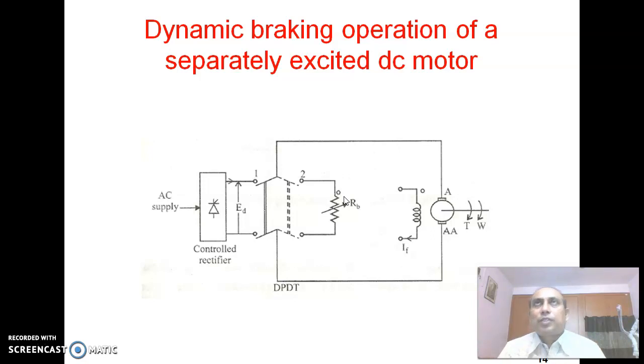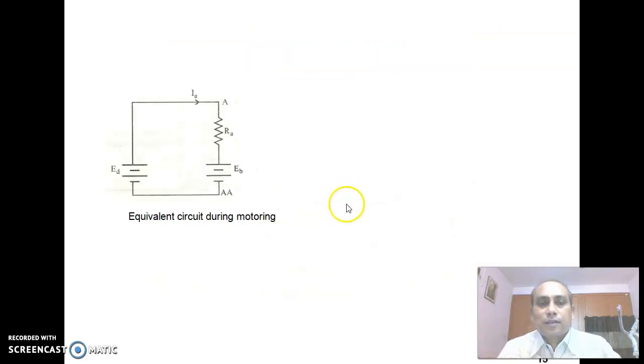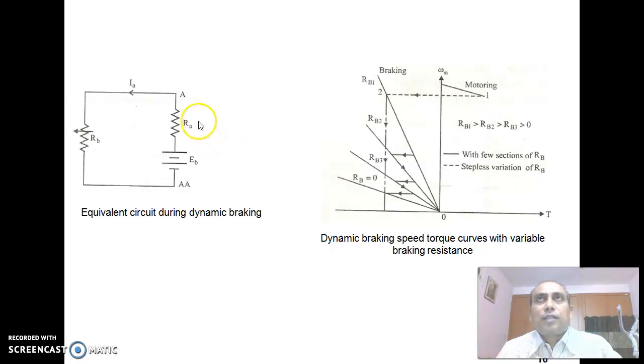This will disconnect the DC supply and connect the braking resistance RB across the armature. Now the current direction in the armature is reversed, so the current is flowing in the reverse direction, coming out from the terminal A. The equivalent circuit during this dynamic braking is shown here.